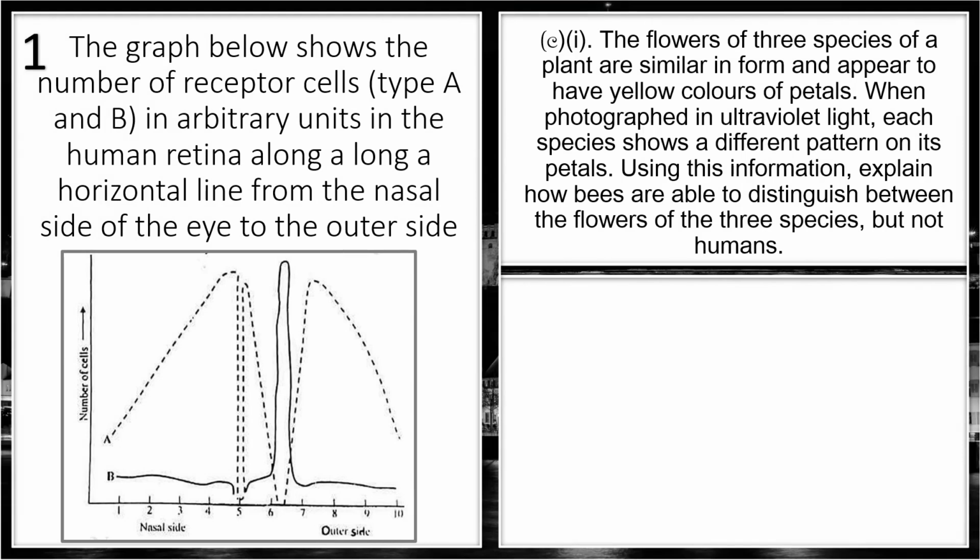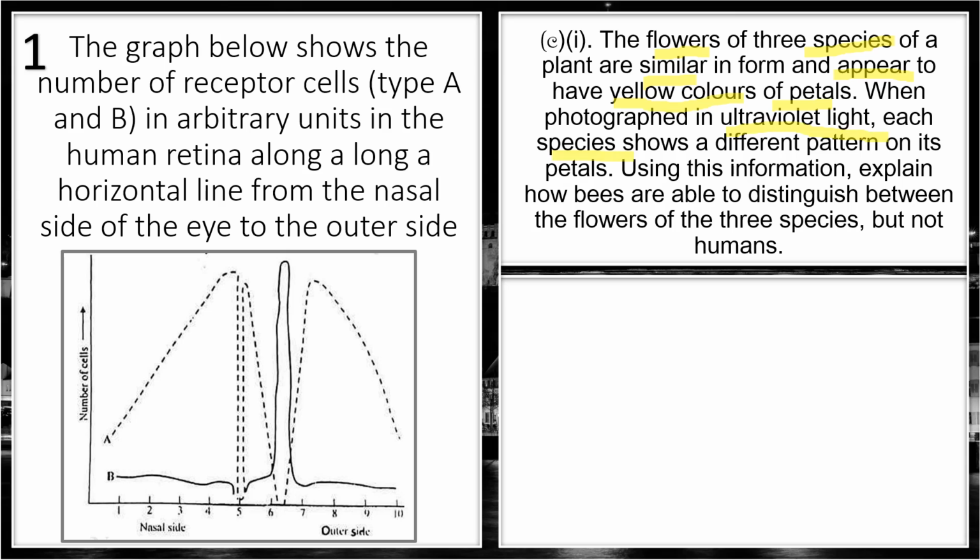Part C, Roman 1. The flowers of 3 species of the plant are similar in form and appear to be having yellow color of petals when photographed in ultraviolet light.